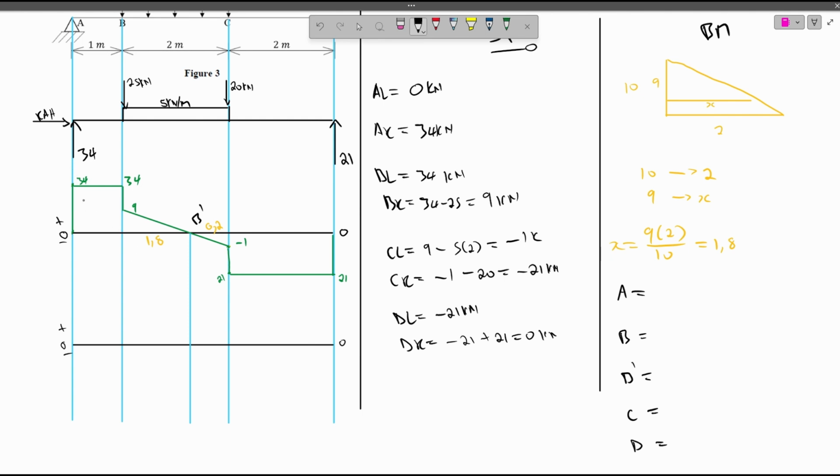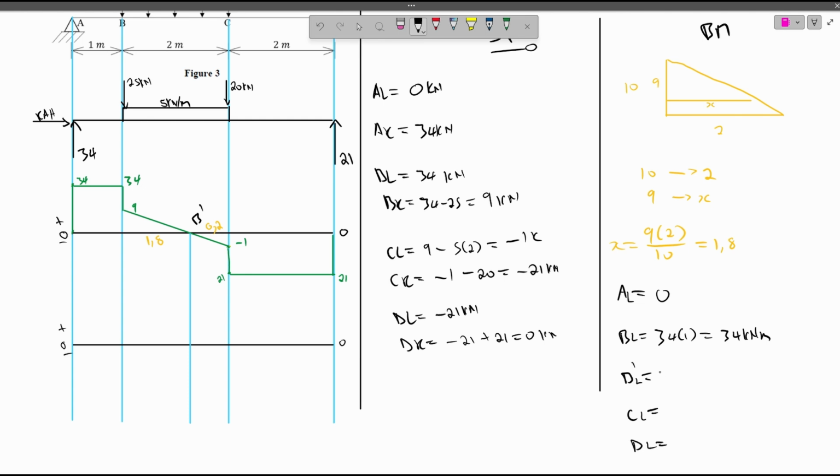Our A, we basically look at the left. We look at A left, B left, B prime left, C left, and D left. Our A left, 0. Our B left, we have a rectangle, which is 34 times 1. You get 34 kilonewton meter.